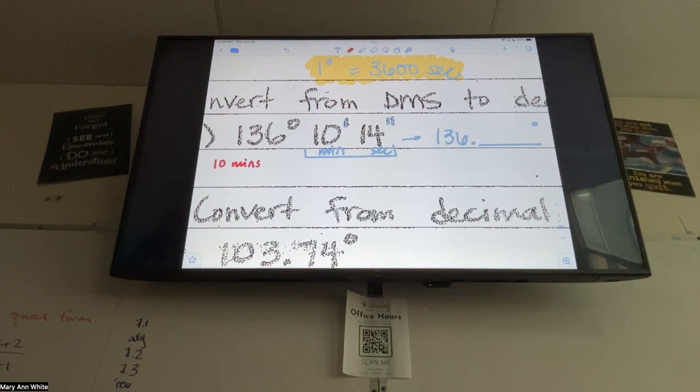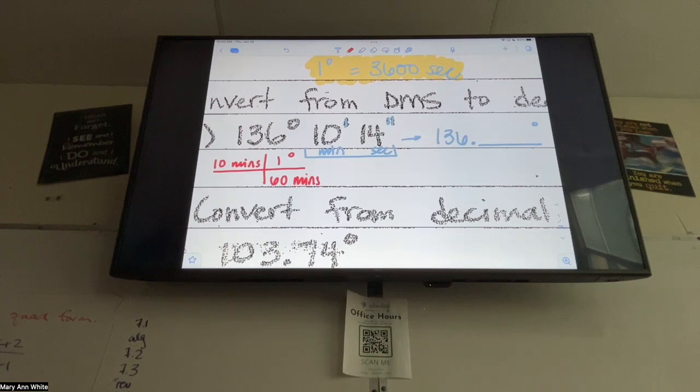I'm gonna go from minutes to degrees. I wanna get rid of the unit of minutes, and I wanna get the unit of degrees. So that means minutes must be in the denominator for me to get rid of minutes, and degrees must be in the numerator. 1 degree is 60 minutes. So I'm gonna divide 10 by 60 in order for my minutes to cancel and for me to get degrees.